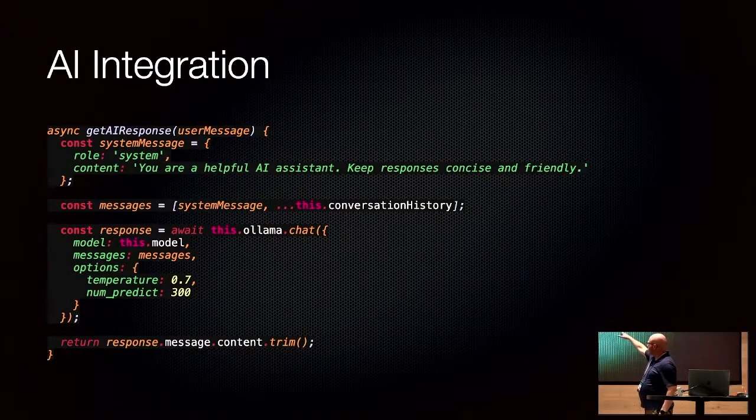So let's jump in here. So this is getAIResponse. It just puts this first message in here. And a lot of the prompt engineering that you'll see, a lot of the interactions you see with LLMs, you'll see something like this where you have a system message up front. So mine just says, you're a helpful bot, right? A lot of times what you'll see is if it does something more involved, right?